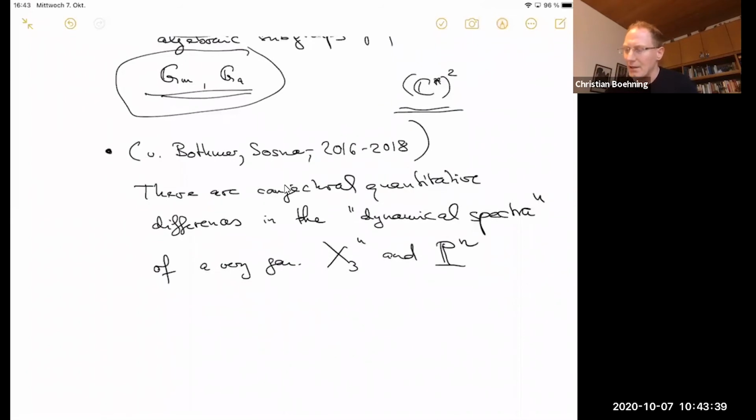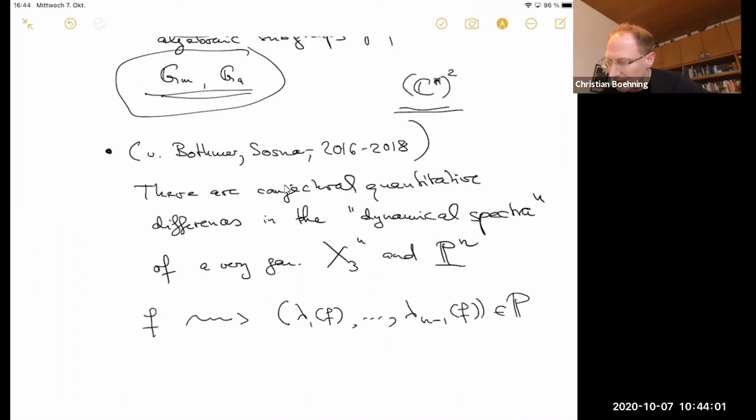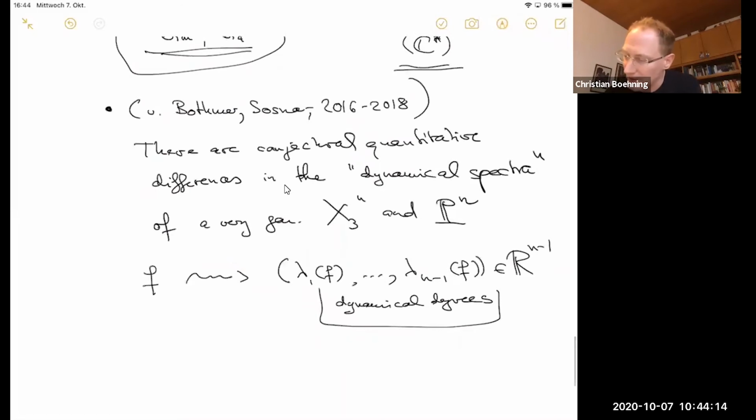So what are these? Just very briefly, you can associate to any birational automorphism F of a smooth projective n-fold an n-tuple, or actually the relevant information is just an (n-1)-tuple of real numbers, in R^{n-1}, called the dynamical degrees of that F. These are certain entropy invariants, or invariants that refine the Gromov entropy of that F. And they've been extensively studied by Blanc and Cantat and Lamy, et cetera.